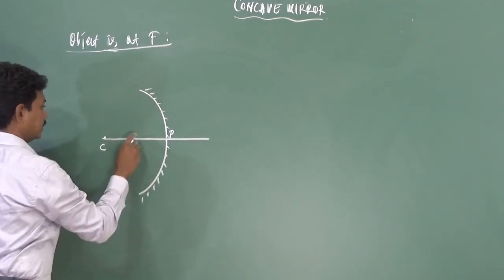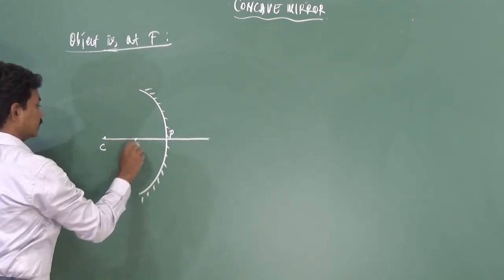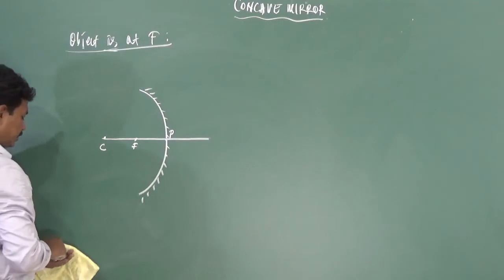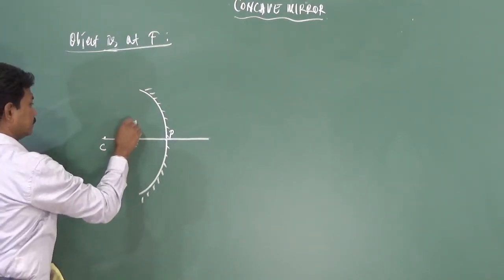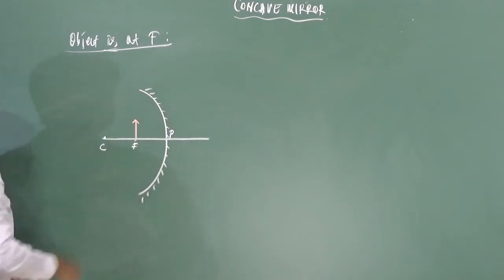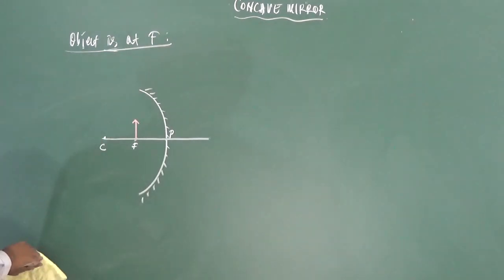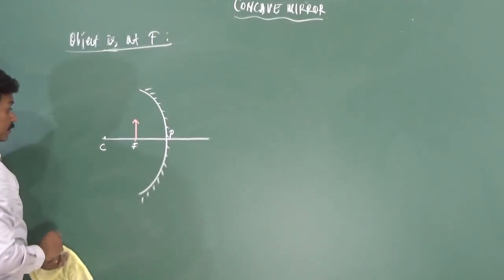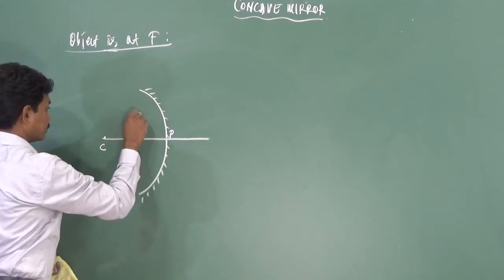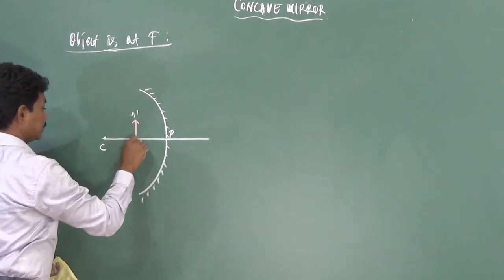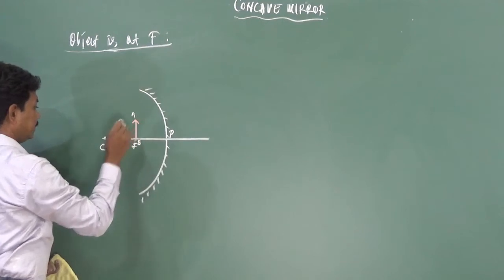The midpoint of C and P is the focus. I am going to place the object exactly at focus. So the object is at F. Very important. Observe this very carefully. This is A dash, and this is A and this is B.